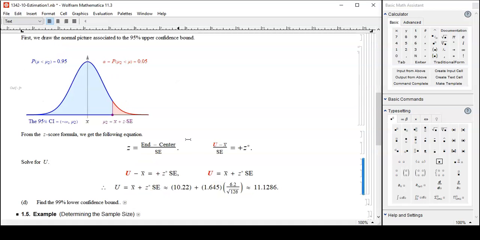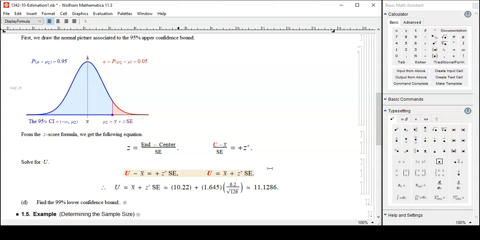To solve it symbolically, flip this denominator to the other side. So mu minus x bar is z times SE, and flip it again. This subtraction, flip it over and make it positive, and what you get? X bar plus z times SE, and this becomes the margin of error.